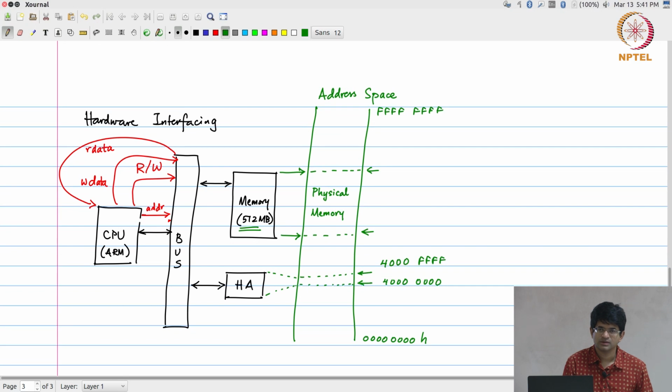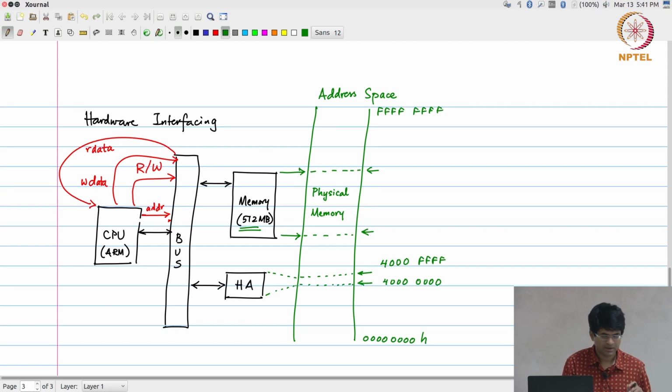Effectively, any address in the range 4000 up to 4000 FFFF corresponds to this particular hardware accelerator. If I had another hardware accelerator, it would go into another range of the memory.